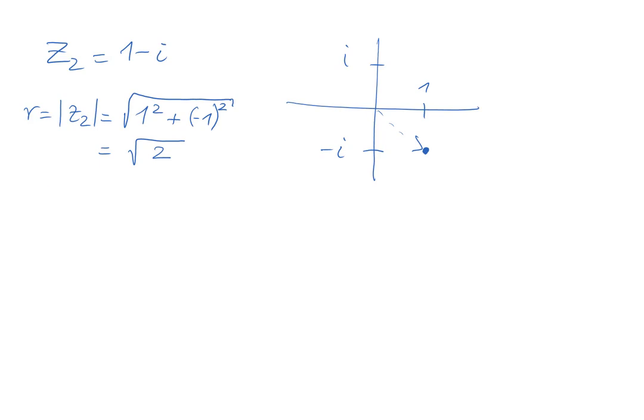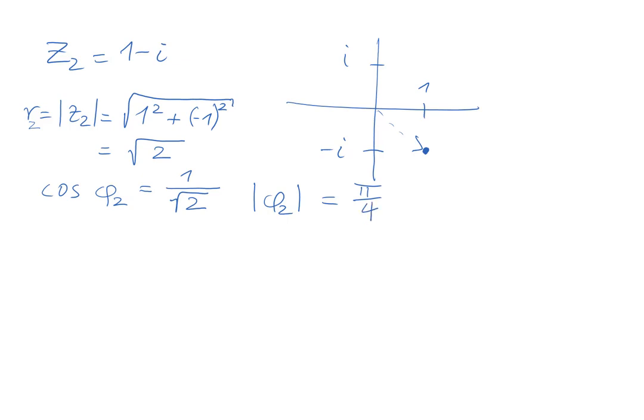The angle is given by the cosinus of phi 2, the angle corresponding to the complex number z2. So cosinus of phi 2 is the real part, 1, divided by square root of 2. So you see it's the same as in the previous example. So the absolute value of phi 2 is the same as in the previous example, 45 degrees or pi divided by 4.